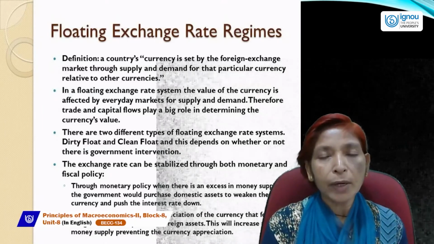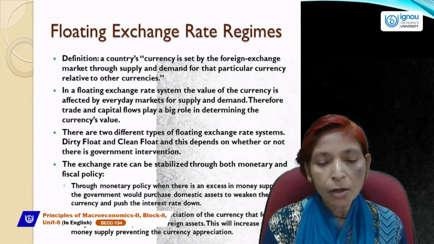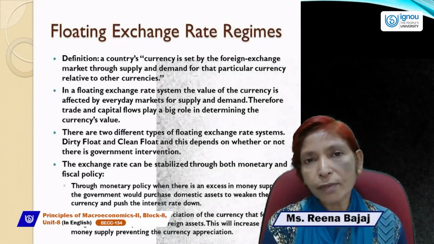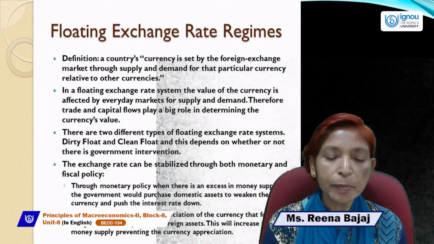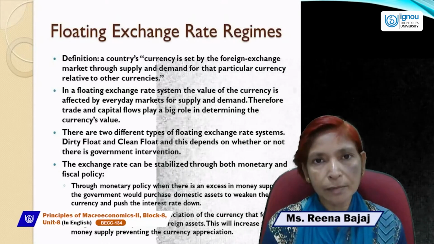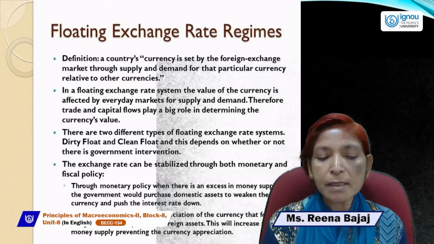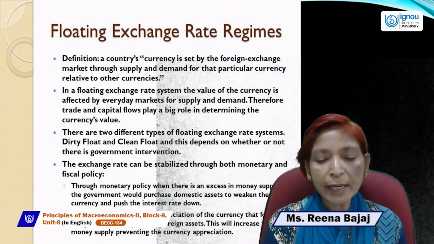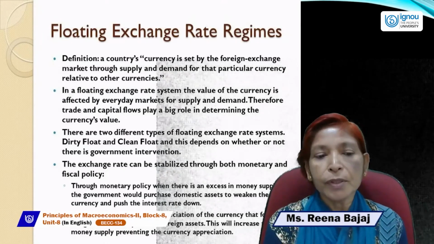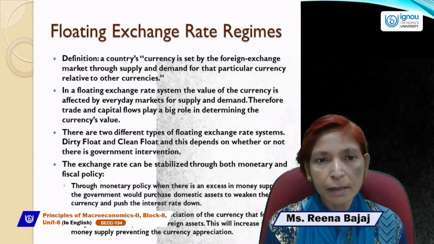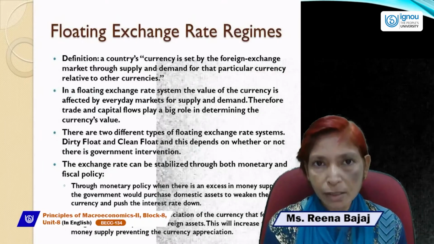And during this fiscal policy system, fiscal expansion causes an appreciation of the currency that forces the government to purchase foreign assets. This will increase the money supply, preventing the currency appreciation. So both policies can stabilize the exchange rate.